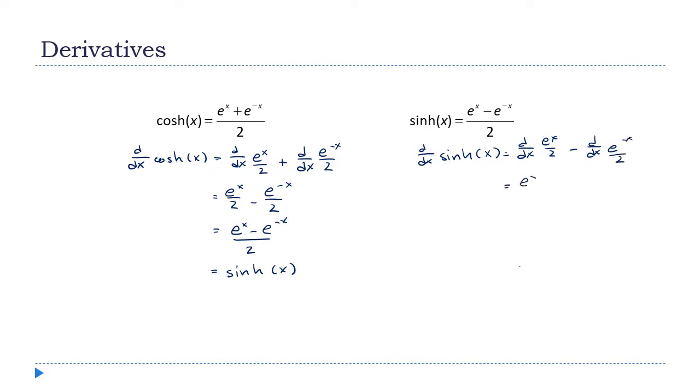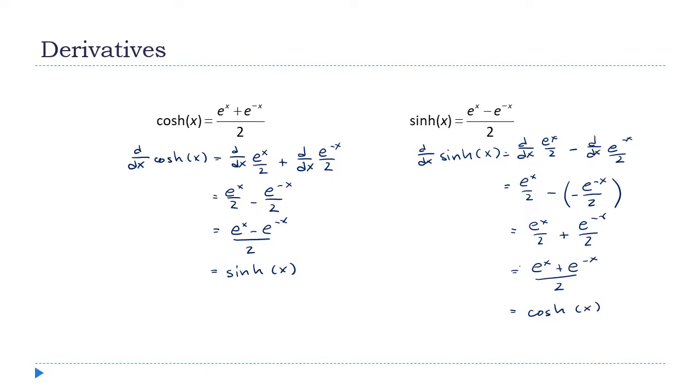So that's e to the x over 2 minus, chain rule again, minus e to the minus x over 2, which is e to the x over 2 plus e to the minus x over 2. And I can combine these again because the denominators are the same. This is e to the x plus e to the minus x over 2, which is the hyperbolic cosine of x.